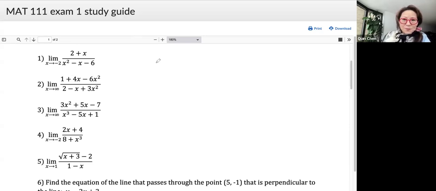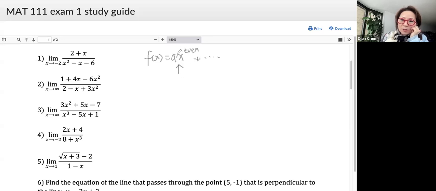Okay, so those are polynomial functions, right? Polynomial functions have something x raised to an even number, plus some lower terms. So this is called the leading term.